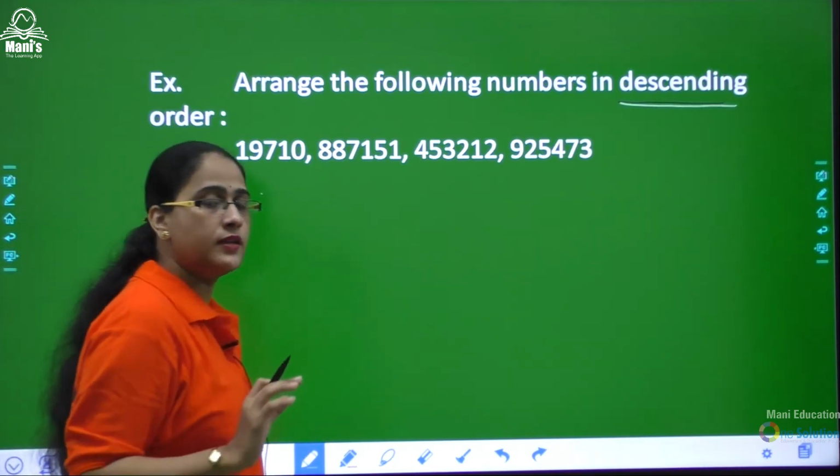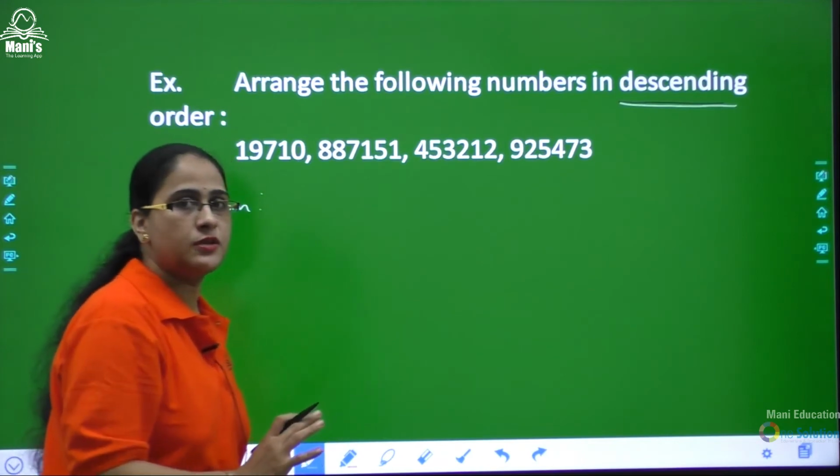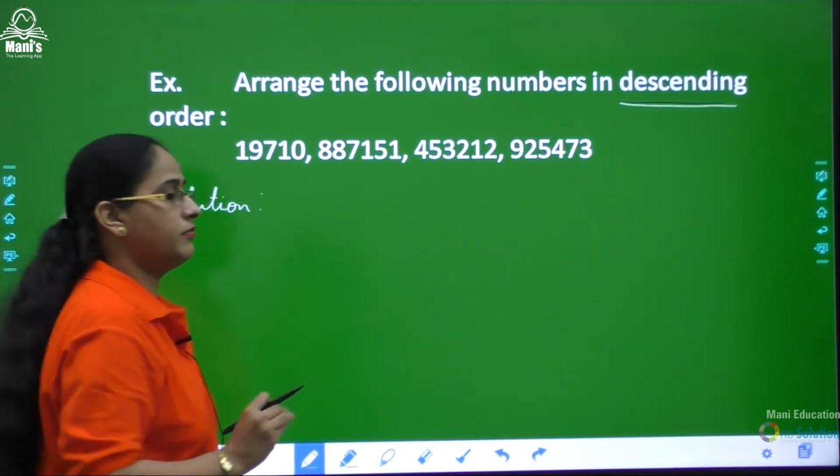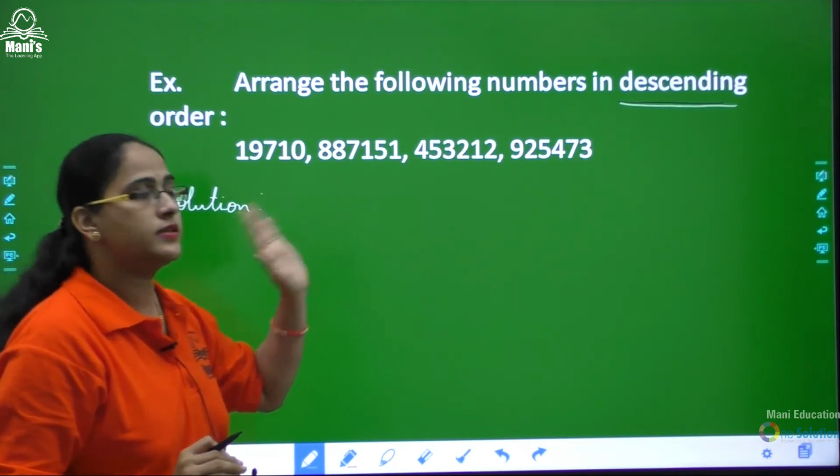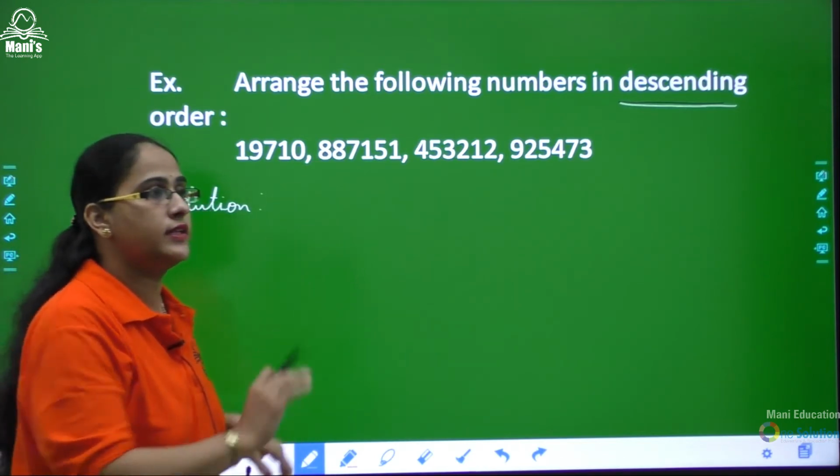We have to compare the digits only for the explanation part. Otherwise, in your examination you have to write only the ascending or descending order. There is no need to write the number of digits.